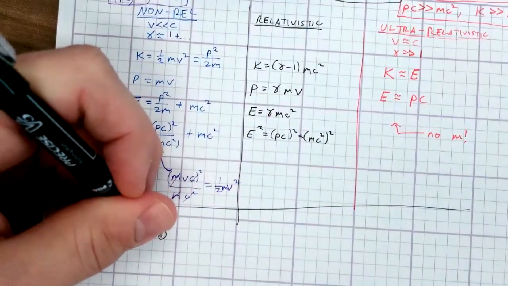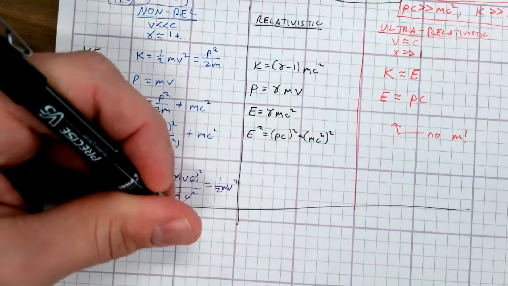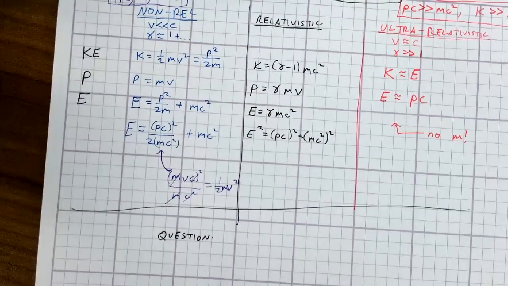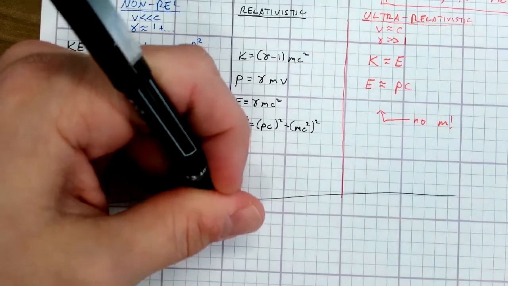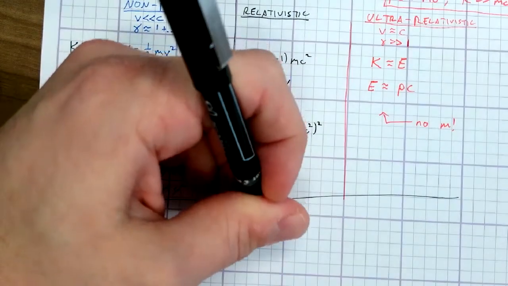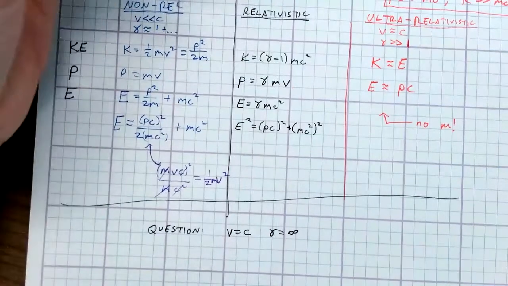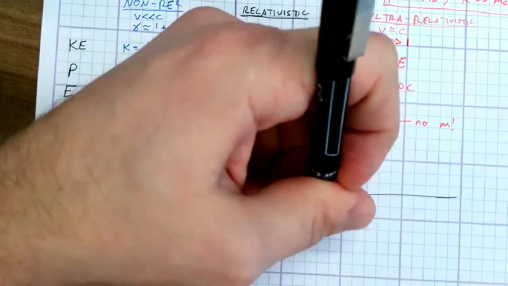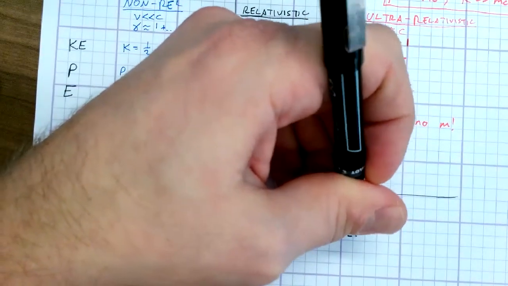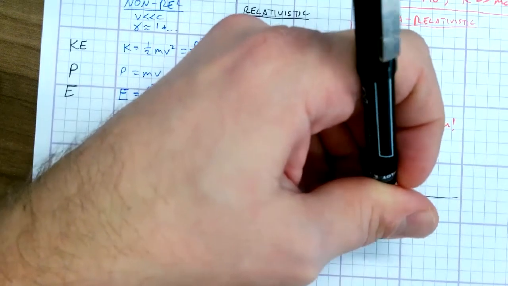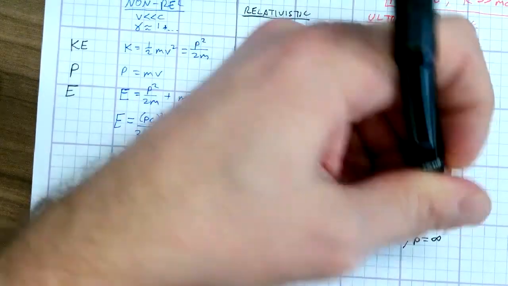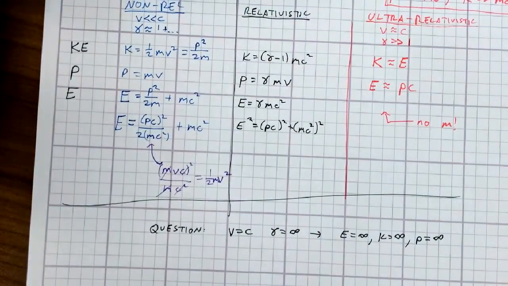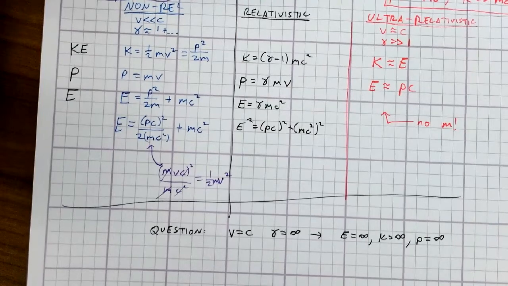So my question, at least especially for my students in class this semester: at v equals c, gamma equals infinity. So I've got infinite energy, infinite kinetic energy, infinite momentum. So going the speed of light is impossible because I don't have infinite energy to give something so that it can go that fast.